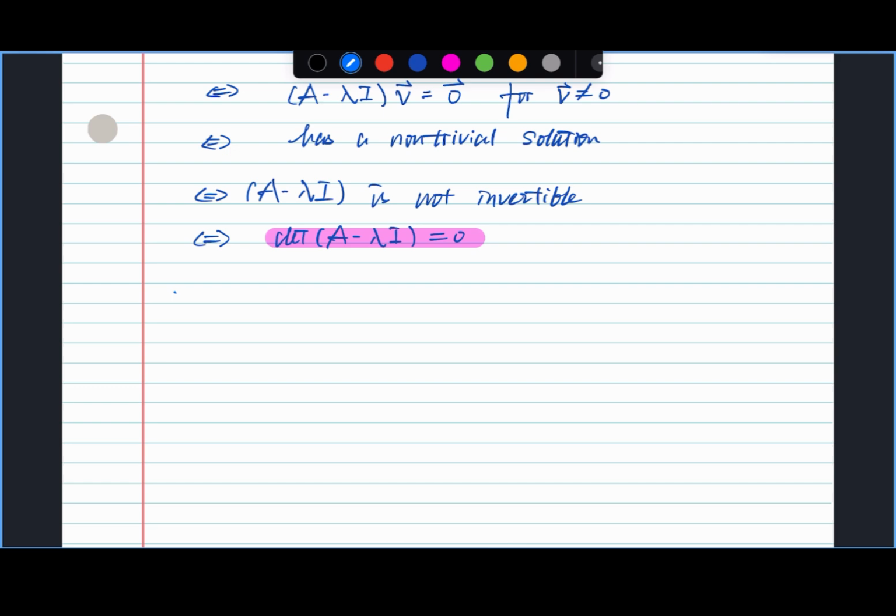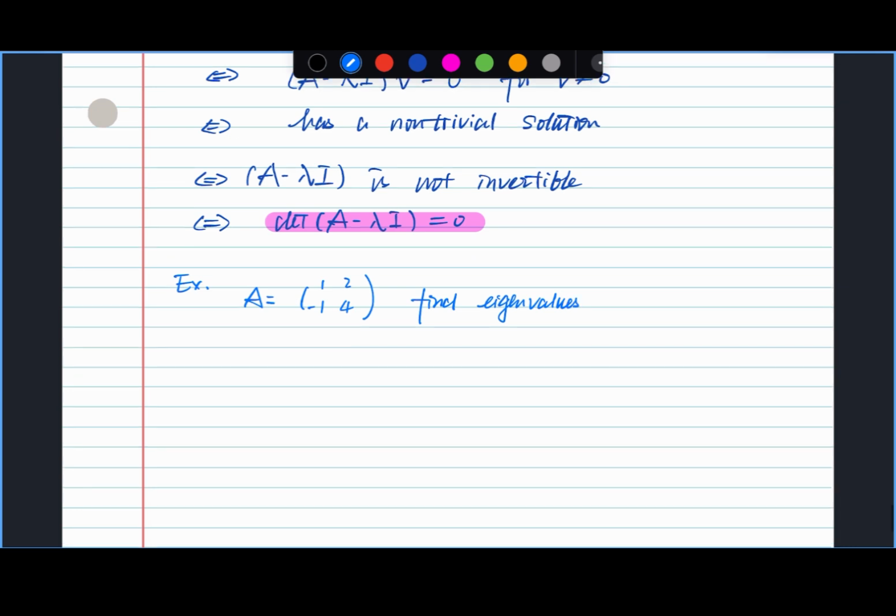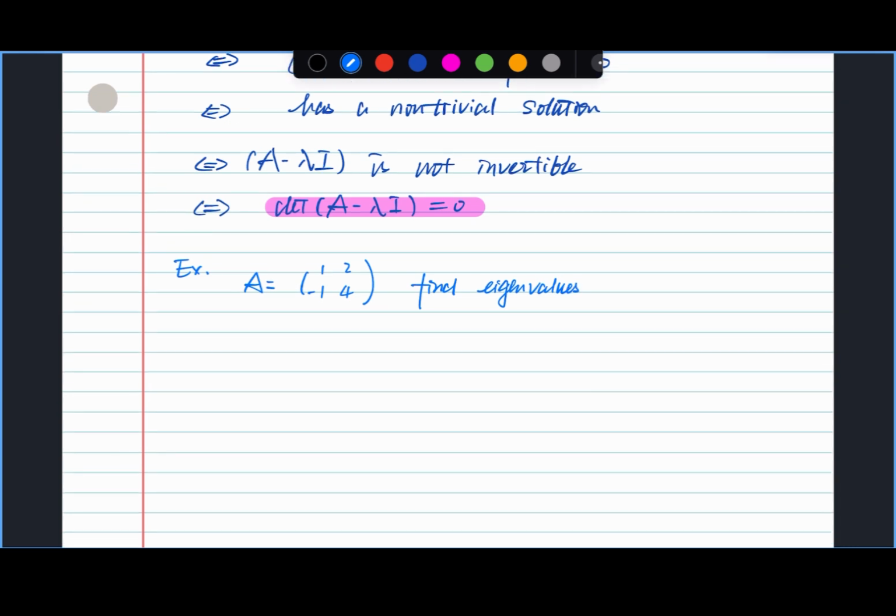So let's do an example. If we have a matrix A equals [1, 2; -1, 4], then let's find eigenvalues and eigenvectors.